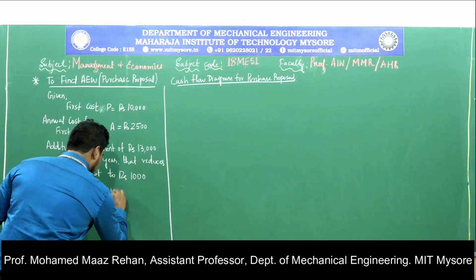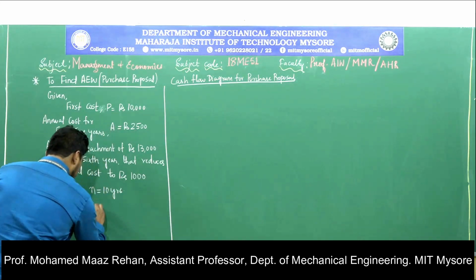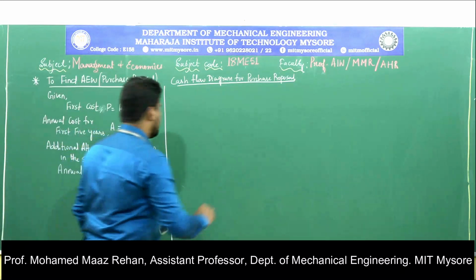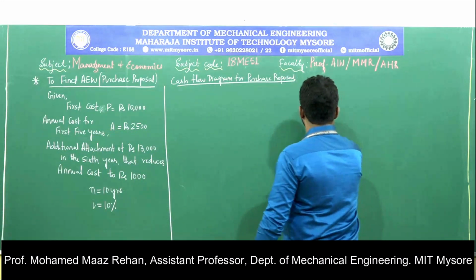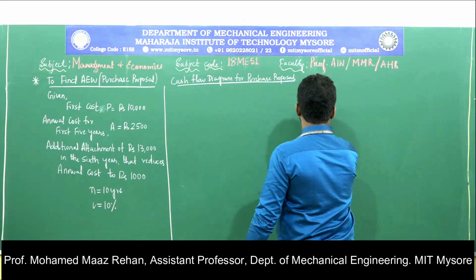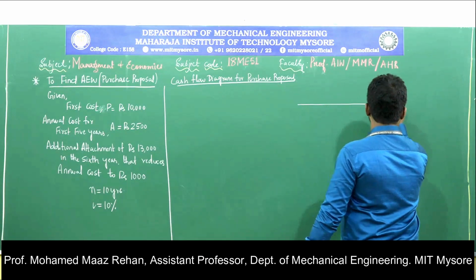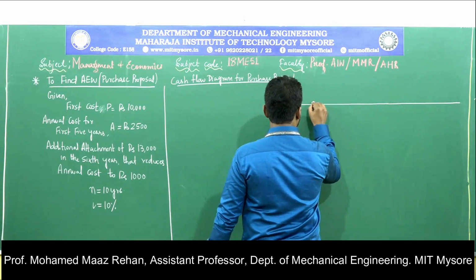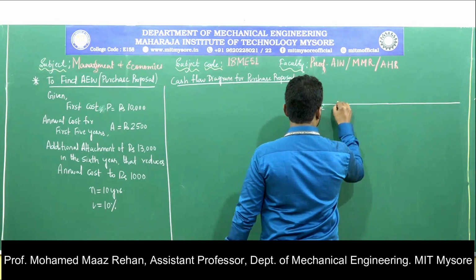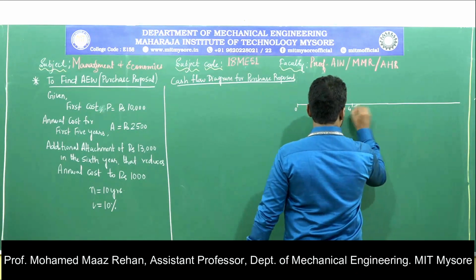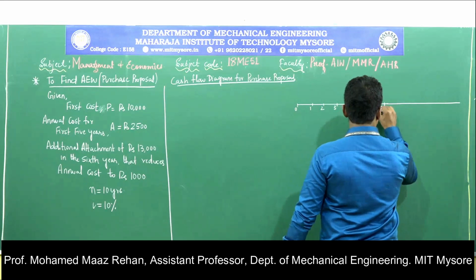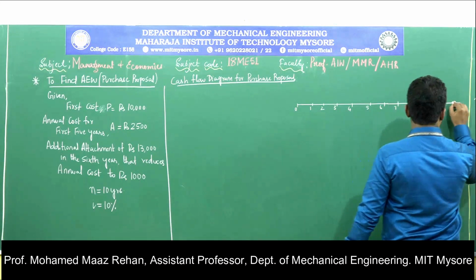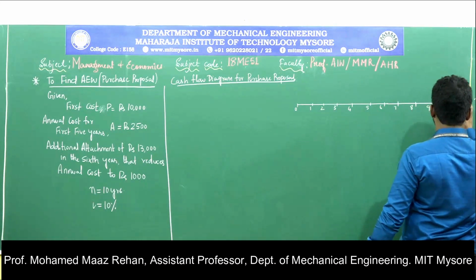So it is 10 years: 0, 1, 2, 3, 4, 5, 6, 7, 8, 9 and 10.